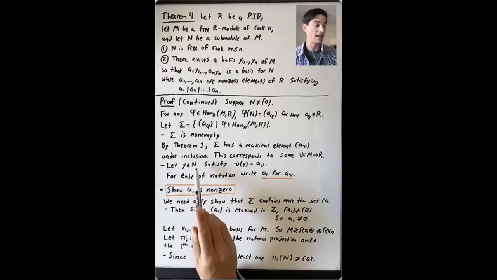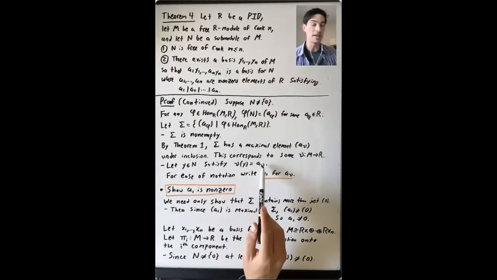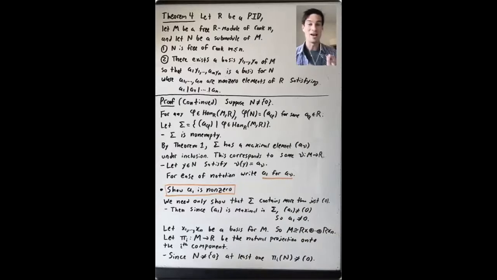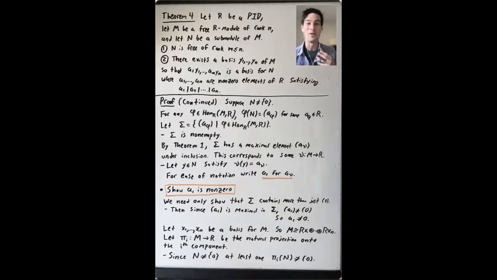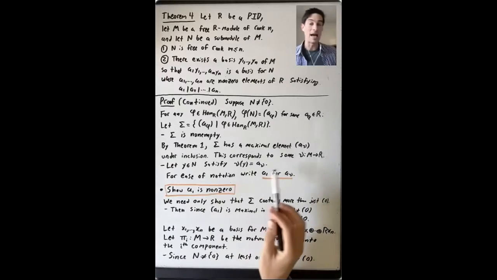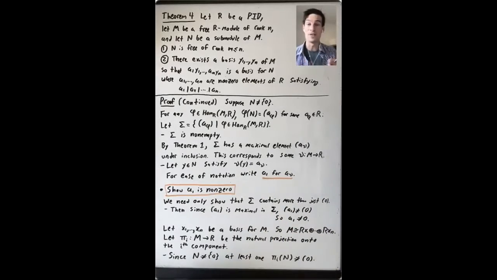There's some y in N, so that nu of y equals a_nu. And for ease of notation, we're going to write a1 instead of a_nu. So labeling this with the number 1 sort of hints that a major idea in this whole proof is going to be induction. All right, so the first thing we have to do is show that a1 is non-zero.